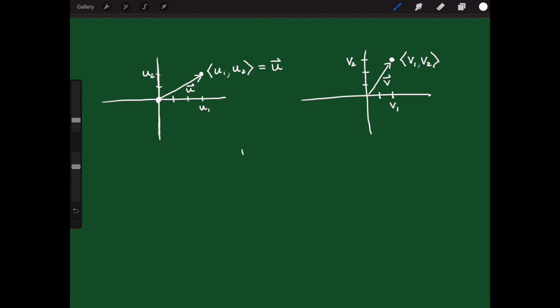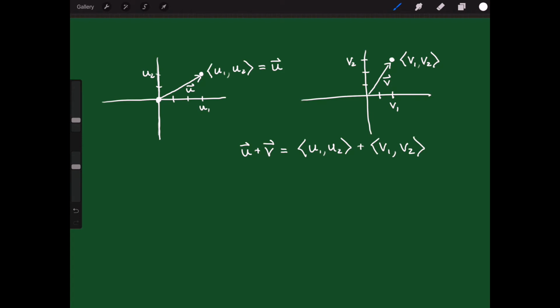All right, so if I wanted u plus v, another way of writing that would be u1, u2 plus v1, v2.